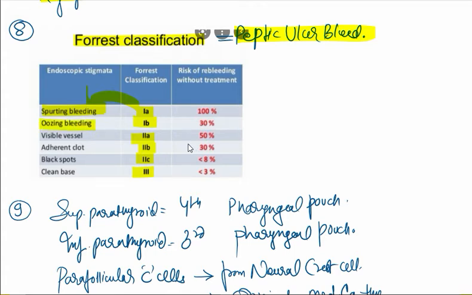What is 2A? 2A is a visible vessel, 2B is an adherent clot, 2C is a black spot. This is only a black spot, hematin-covered. Okay, so 2C is a black spot, and a clean base is 3.